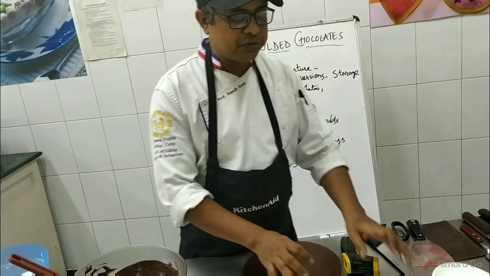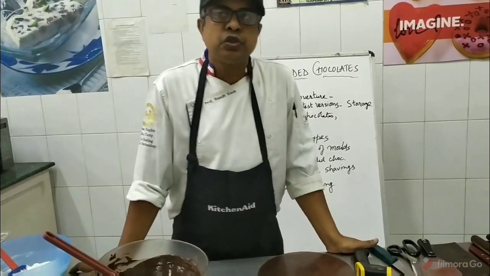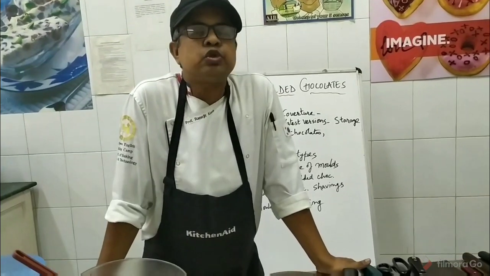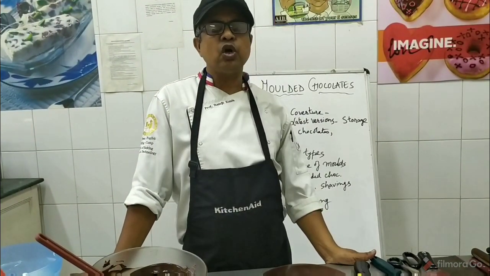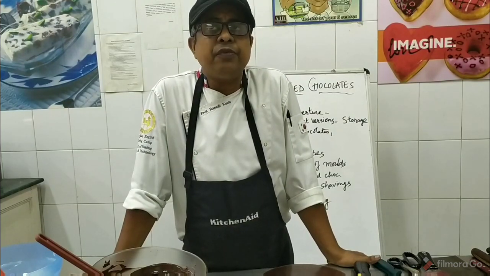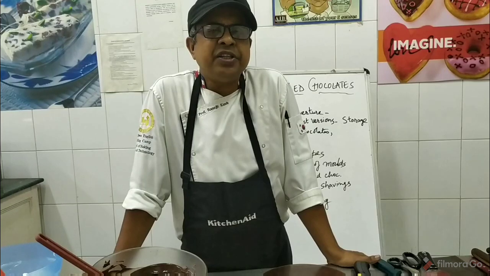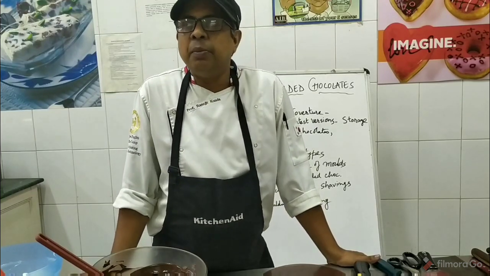Okay, so first of all, as per the topic, we have to understand the origin of it. The origin of chocolate, if we go through Wikipedia, if we go through the history books, says that chocolate was developed in the year 450 BC, initially by the Aztecs, that means in South America, with the Mexicans.